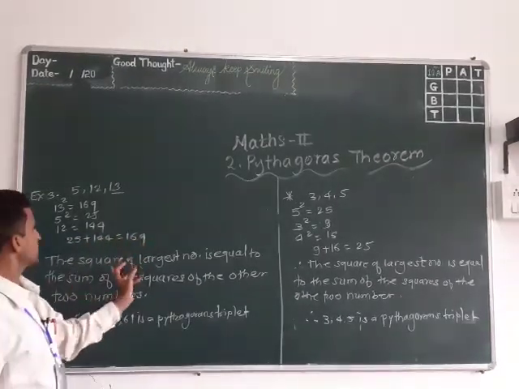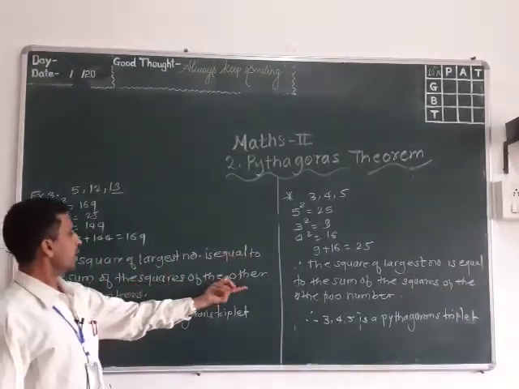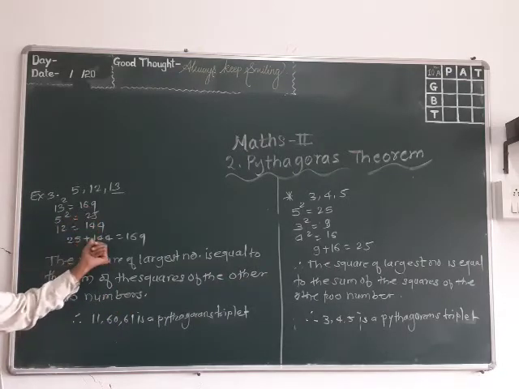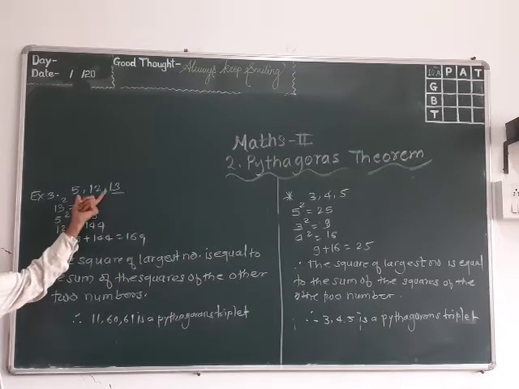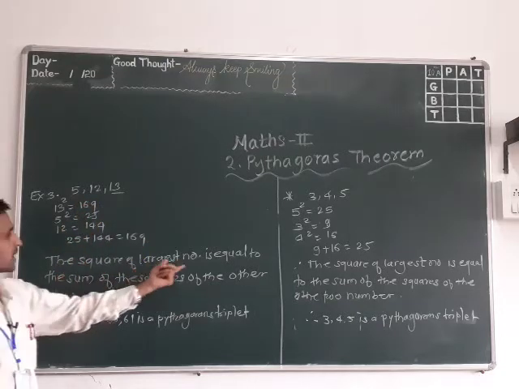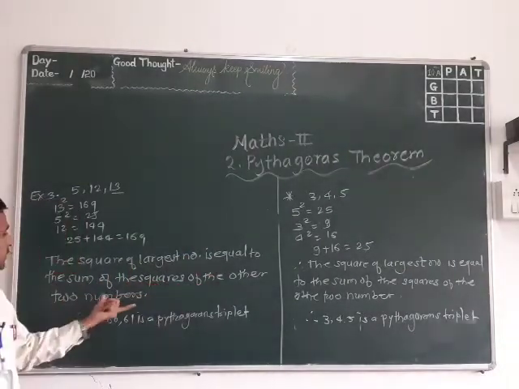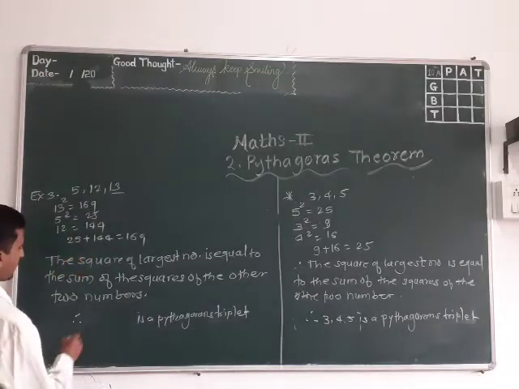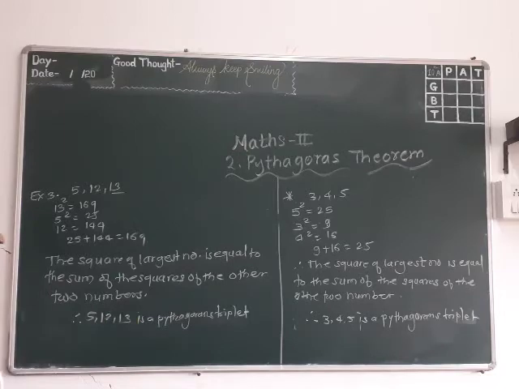The square of the largest number is equal to the sum of the squares of the other two numbers, 169. Therefore, 5, 12 and 13 is a Pythagorean triplet.